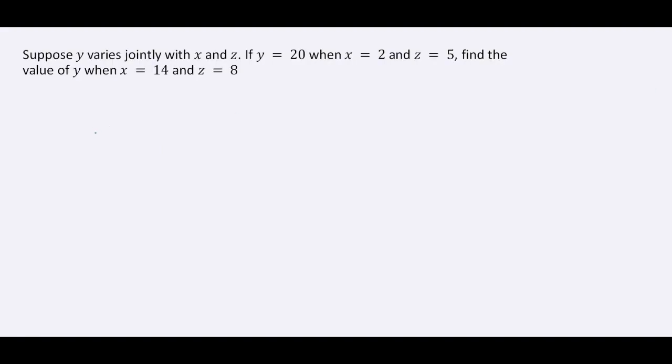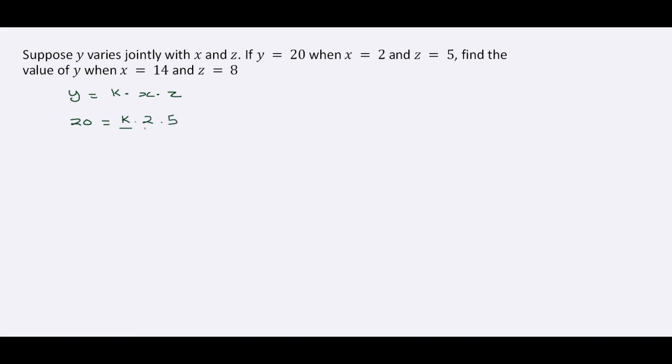So we're told here that y varies jointly with x and z. So what that means to us is y is going to be k, which is our constant, multiplied by x multiplied by z. So now we have a situation where y is equal to 20, and we still have k here, x is 2, and z is 5.